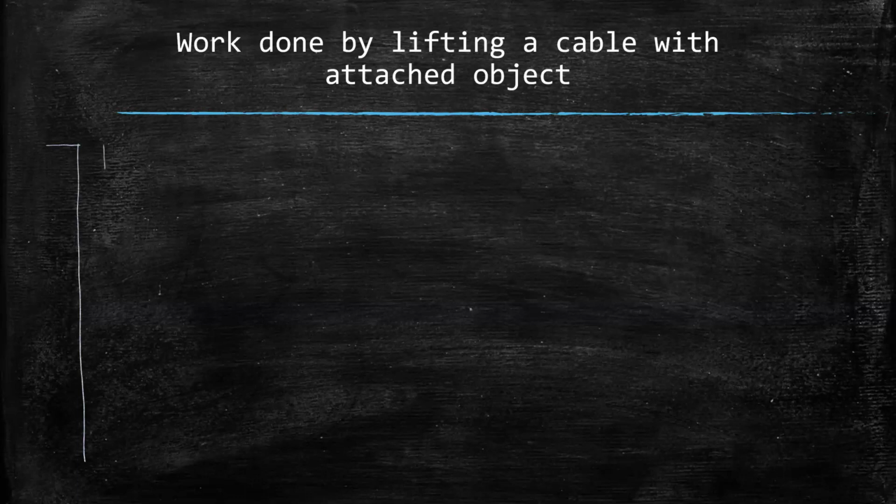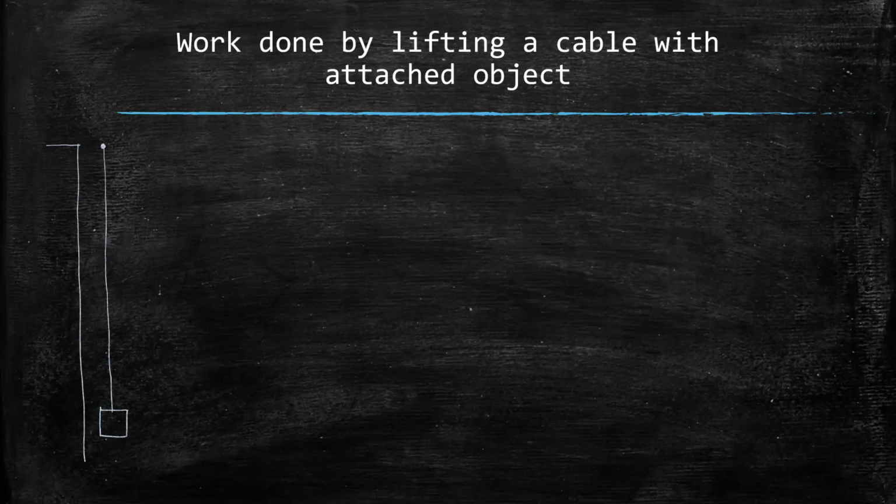So we're taking some object that hangs at the bottom of the cable. Imagine that being a chain. And the goal is to lift this object up to the top of this building.